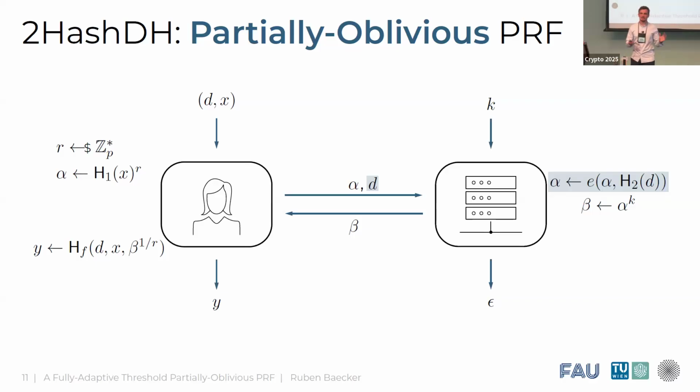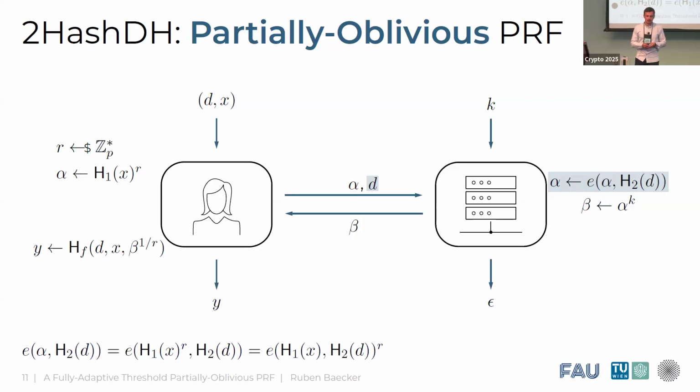And then everything else stays as is. So also the client does nothing else. Because of the linearity of the bilinear pairing, by combining the blinded private part of the input with the public domain, we get essentially the bilinear pairing of the private and the public part raised to R, so we can still do the deblinding just as before.